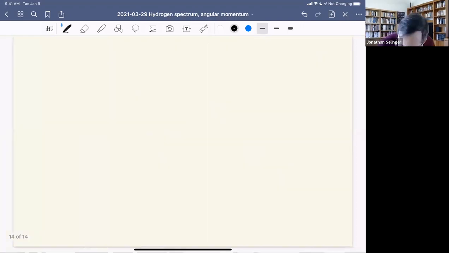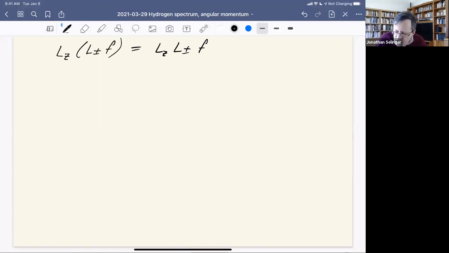Okay. So what happens if LZ acts on L plus or minus F? Okay, so this is, right, LZ, L plus or minus F. I want now to relate that to what happens if I switch the order of those two operators.